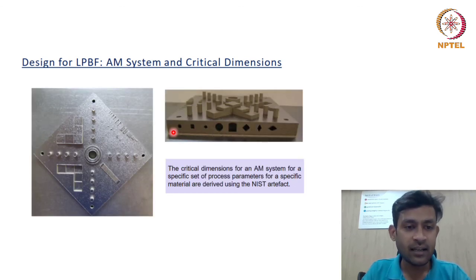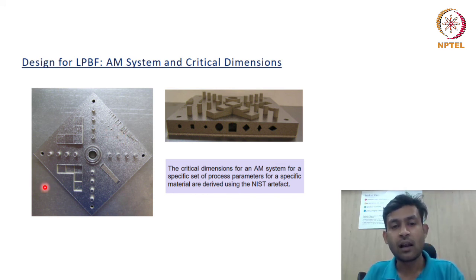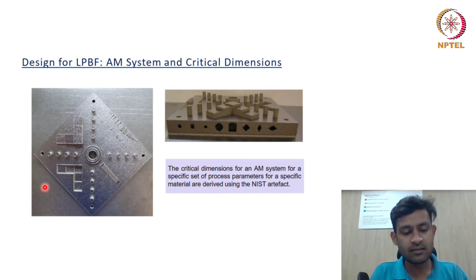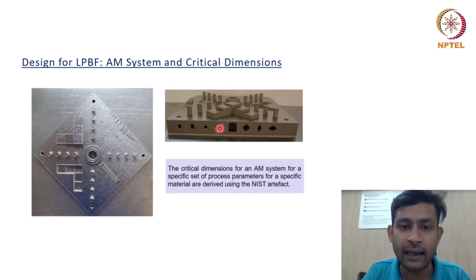In this particular slide, you can see we have printed a NIST artifact for SS316L, which gave us the basic fundas, like 0.6 mm is the minimum hole diameter that we can produce when the hole is aligned in the horizontal direction. And you can also see in the artifact that a square of 5 mm by 5 mm cross section has been produced, where the 5 mm top edge is a complete flat overhang.